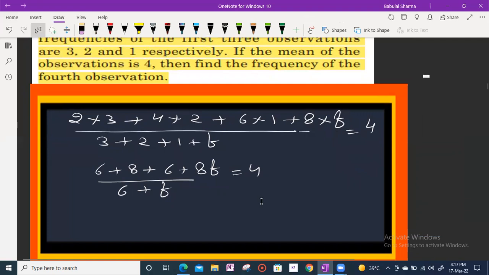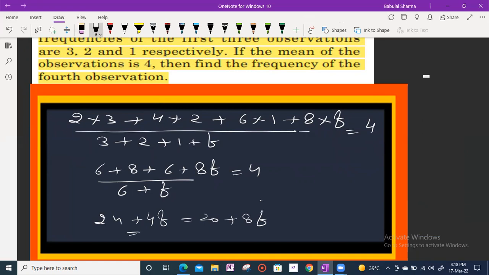On further multiplication, we can say that 24 plus 4f is equal to 20 plus 8f.